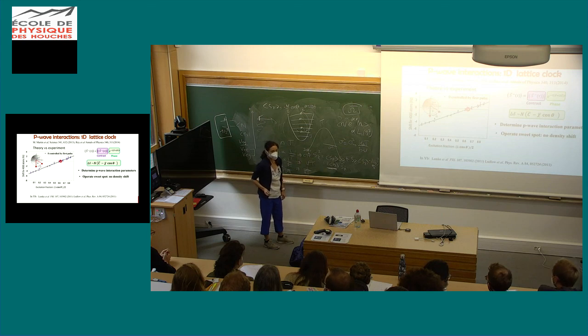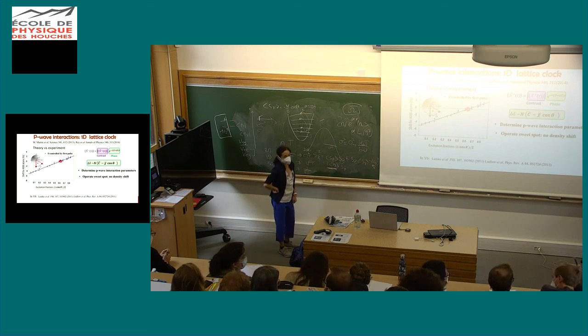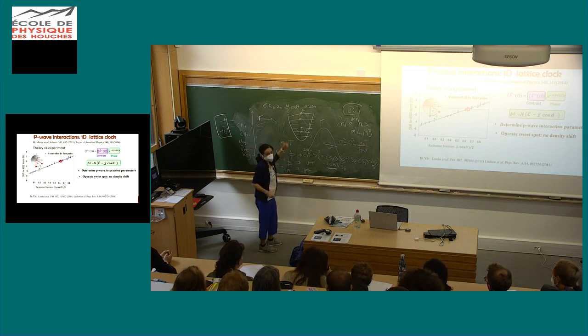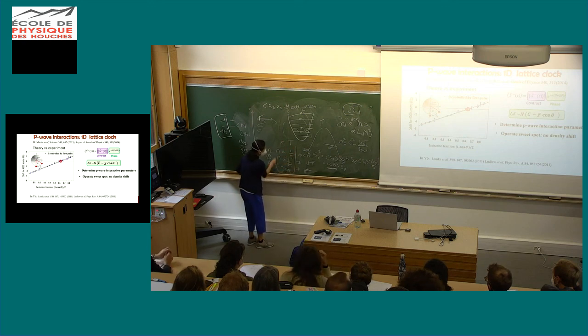Does this tie in with density of states of fermions? It's related, exactly. Well, it's a coincidence. This is because the P-wave interactions grow with temperature. If you look at S-wave interactions, they are going to scale only like the density.